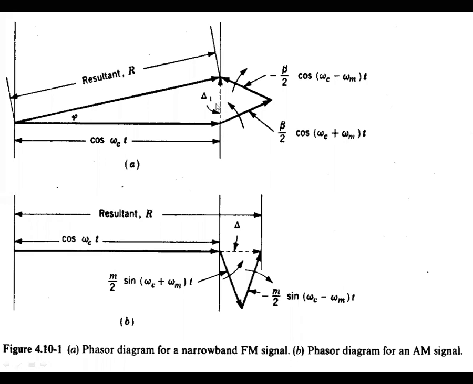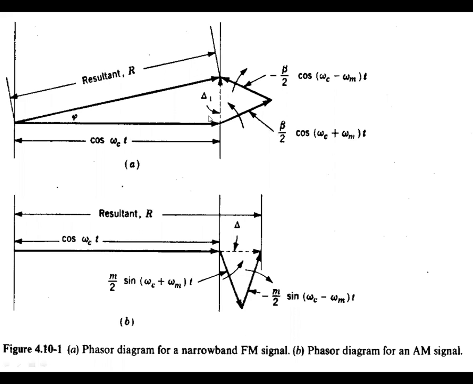Compare this with the resultant of the two sidebands for narrowband FM. This is delta 1. For the AM, this is delta. Delta 1 is present perpendicular to the carrier in narrowband FM, whereas delta is present parallel to the carrier in AM. Delta 1 is the angle between the two sidebands.